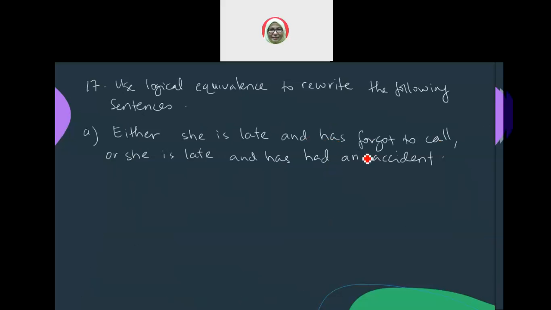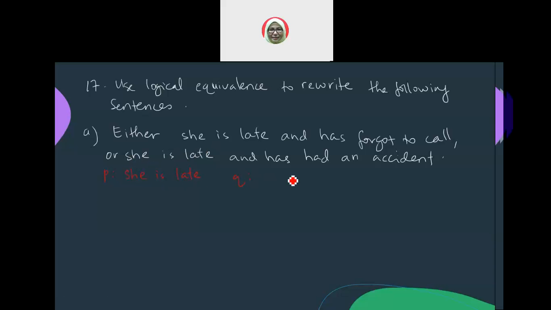Number 17. Use logical equivalence to rewrite the following sentence. Either she is late and has forgot to call, or she is late and has had an accident. To rewrite this statement, first of all, you should define the simple statements. P: she is late.